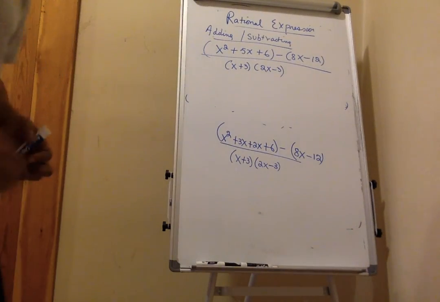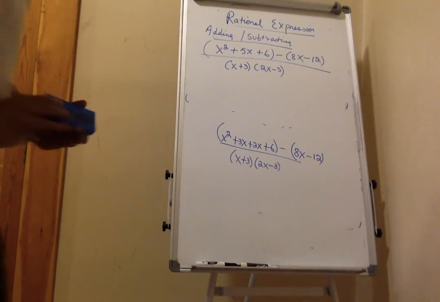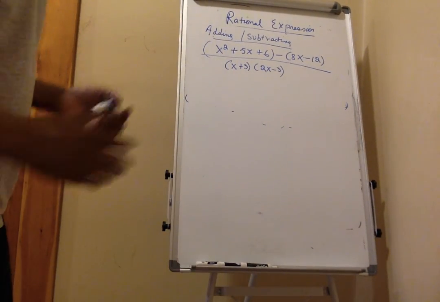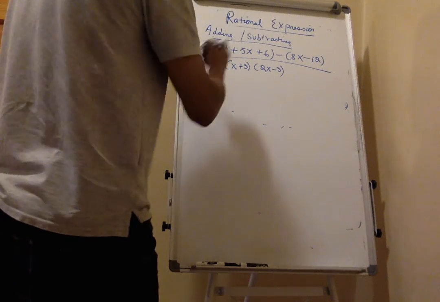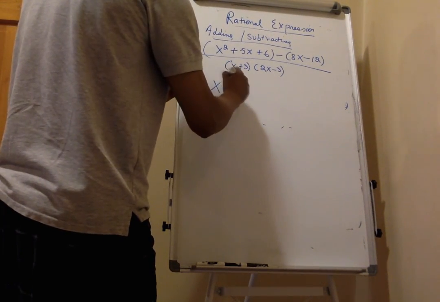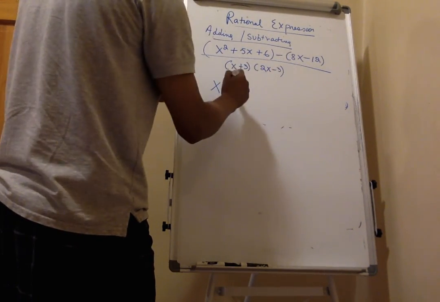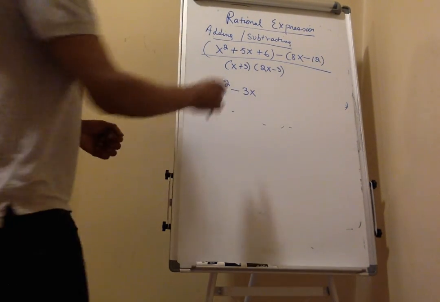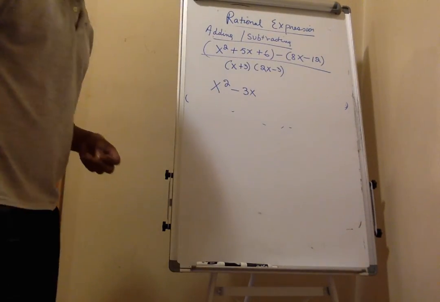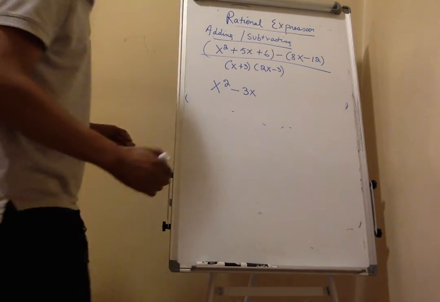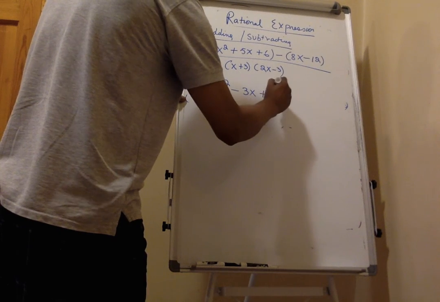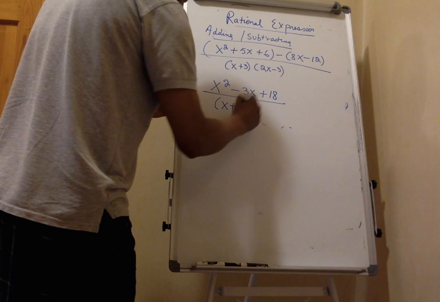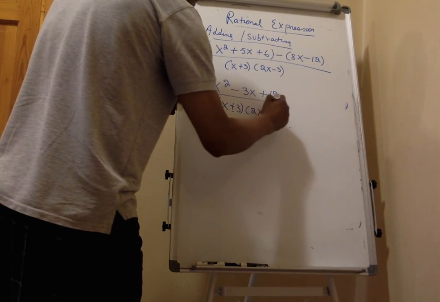Right? Now, let's combine them together. You have x squared here. Now 5x minus 8x gives us minus 3x. Right? And 6 minus 12, which is 6 plus 12, which is 18. And so you end up with x plus 3 and 2x minus 3.